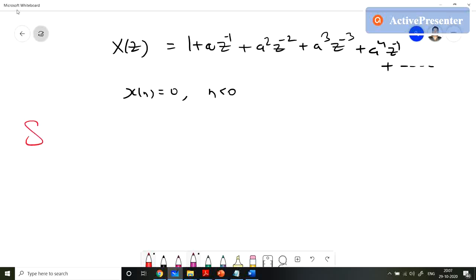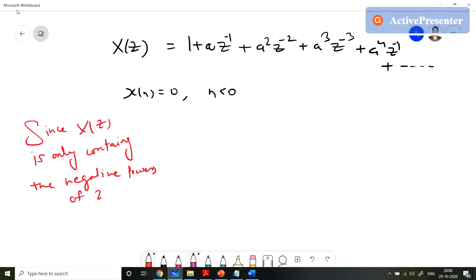So since X(z) only contains the negative powers of z, we can say that x[n] is equal to 0 for n less than 0.